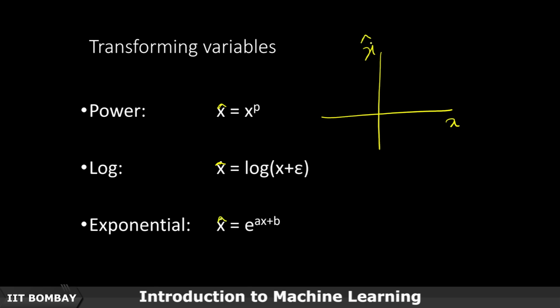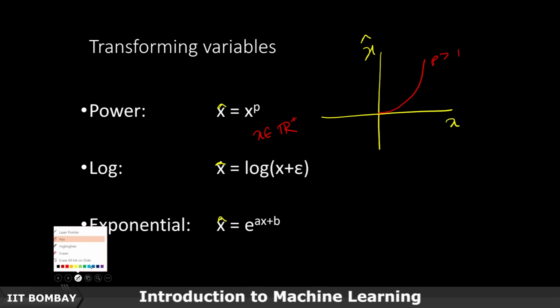If I take x to the power p, then I can get different kinds of curves for different values of p. So for example, let us assume that all the x's lie in the positive range, x belongs to R plus, then I can have something like this when p is greater than 1, and I can get something like this when p is less than 1.